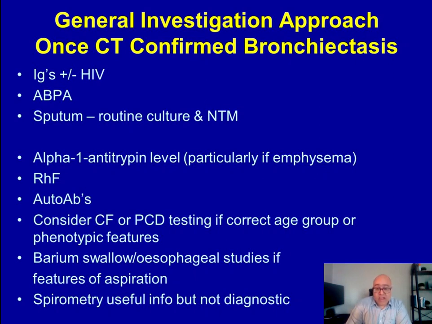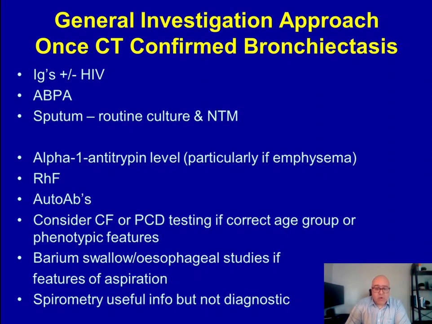So, they should all have blood testing for immunoglobulin levels, ideally an HIV test as well, and also blood testing for ABPA, allergic bronchopulmonary aspergillosis. All patients need to have sputum for microbiological analysis for both routine culture but also non-tuberculous mycobacteria.